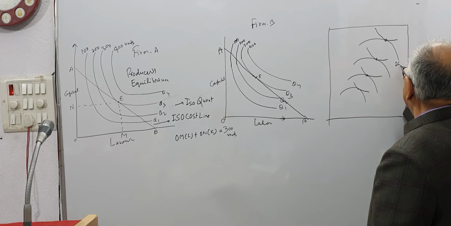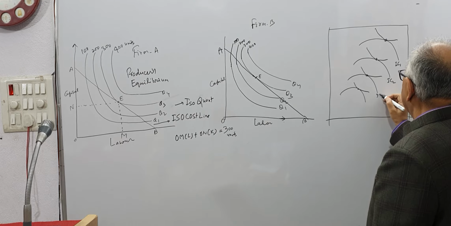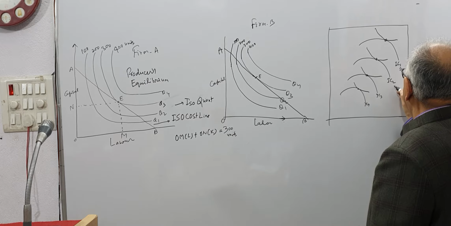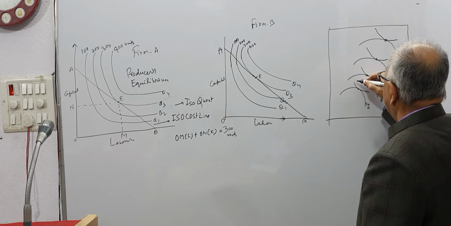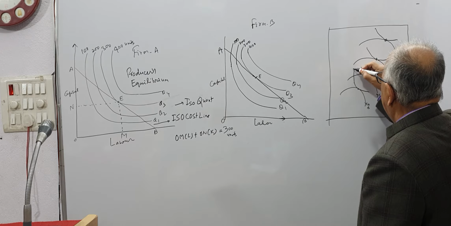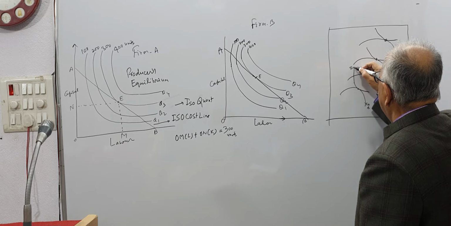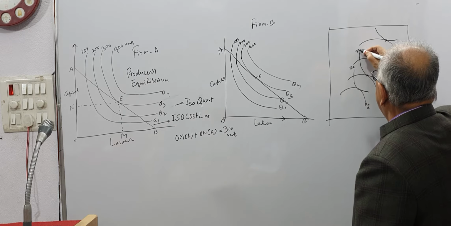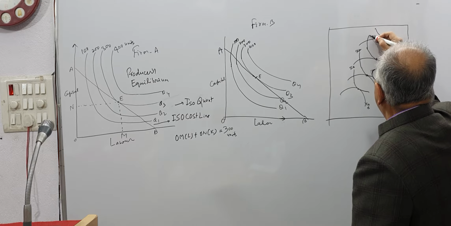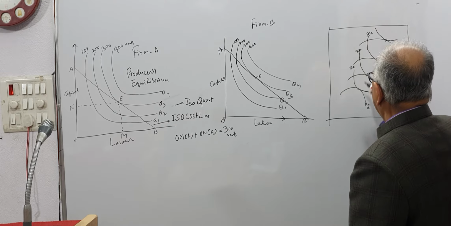This is indifference curve 1, indifference curve 2, indifference curve 3, indifference curve 4 of Mr. B, B firm. And this is indifference curve of A firm.